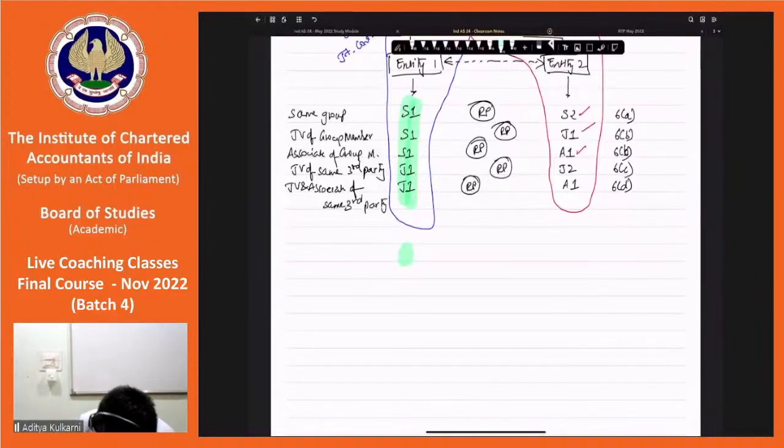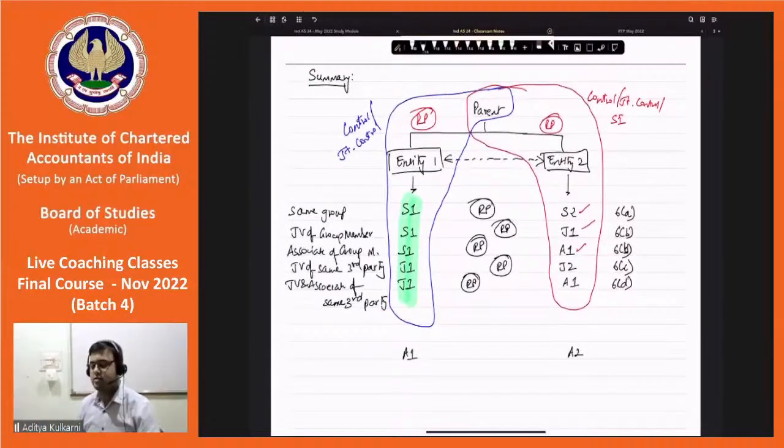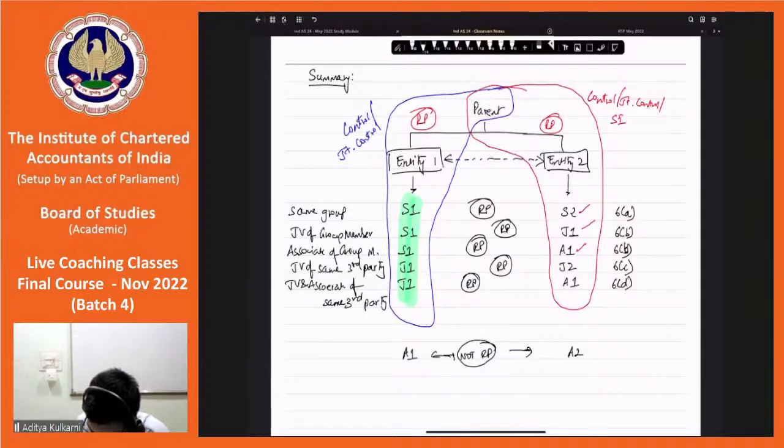For example, if entity 1 is an associate A1, and entity 2 is an associate A2, both of them are associates of the parent. Will they be related parties? The answer is no, they are not related parties. Why not?